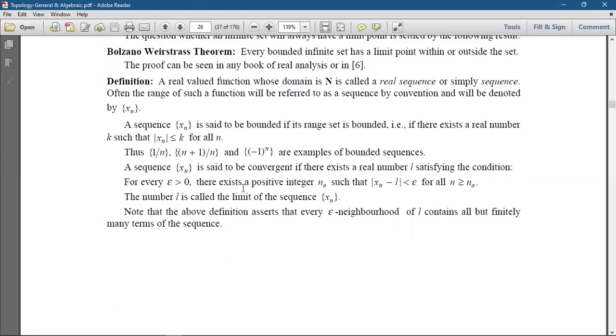The number L is called the limit of the sequence {x_n}. Note that the above definition expects that every delta neighborhood of L contains all but finitely many terms of the sequence.